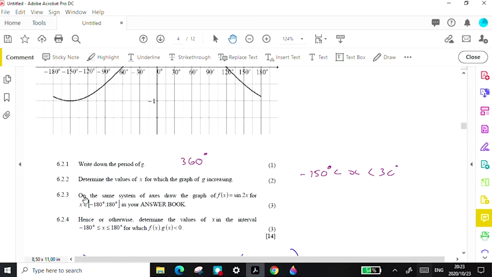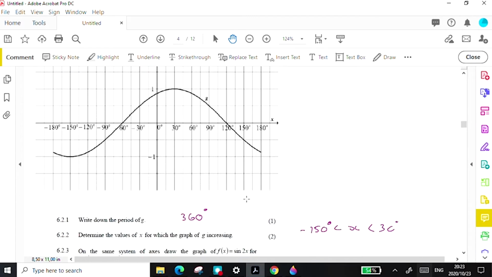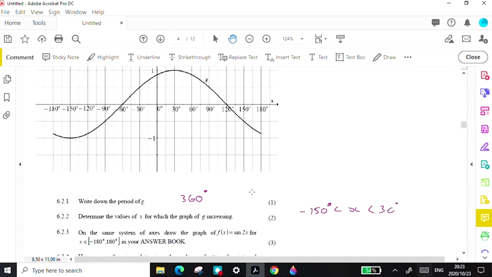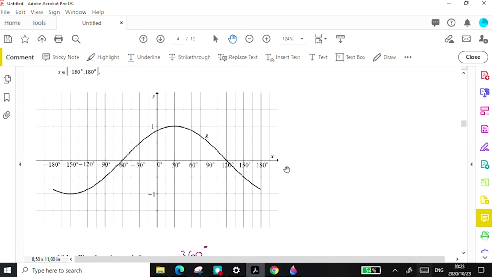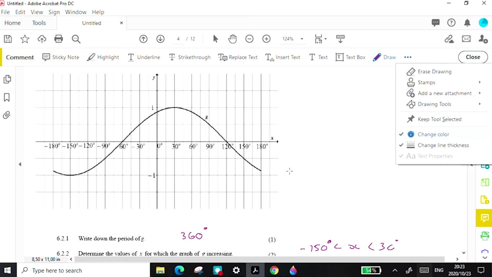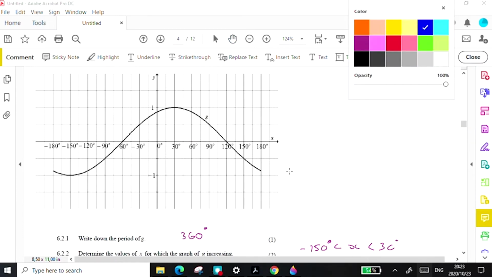For 6.3, on the same system of axes, we want to draw the graph of f of x equals sine 2x. What sine 2x does is just decrease the period of sine x. So let's plot points. When x is 0, y is 0.